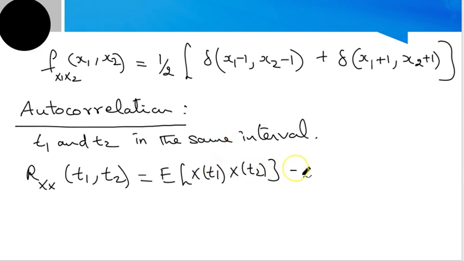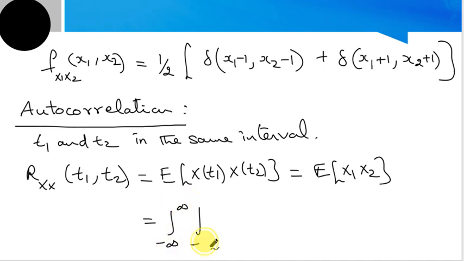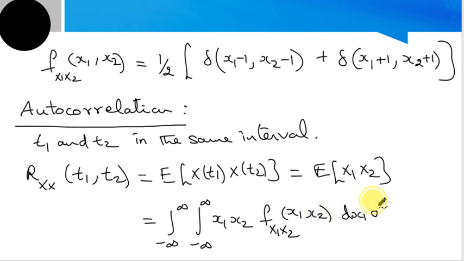So this, in other words, by the notation I mentioned above, x of T1 is x1, x of T2 is x2. So this is equal to the integral from minus infinity to infinity. It is a double integral, again from minus infinity to infinity, of x1 x2 f x1 x2 of x1 comma x2 dx1 dx2, provided the joint density function is known.